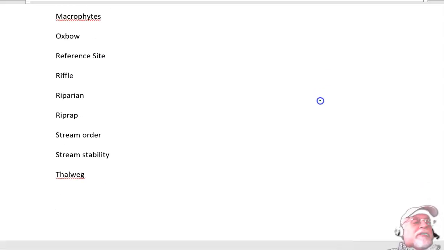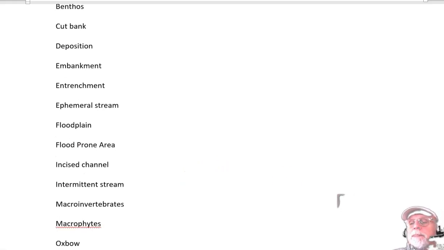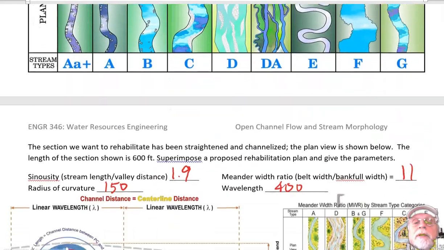The thalweg, that's a cool term. That's the main flow path. Now, if you look it up, you'll probably find a more precise definition. But when we're talking about the thalweg of a stream, we're talking about going out back here.